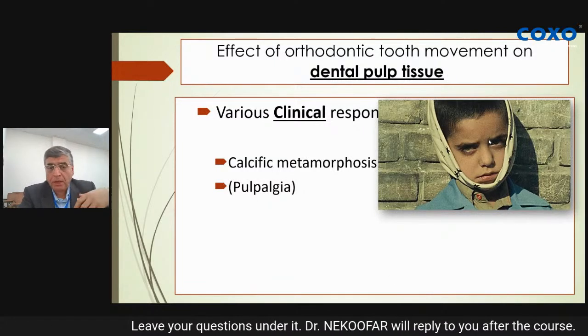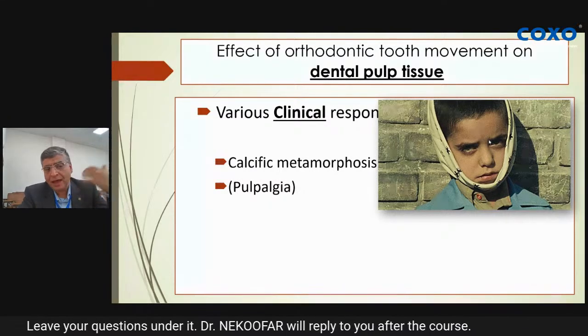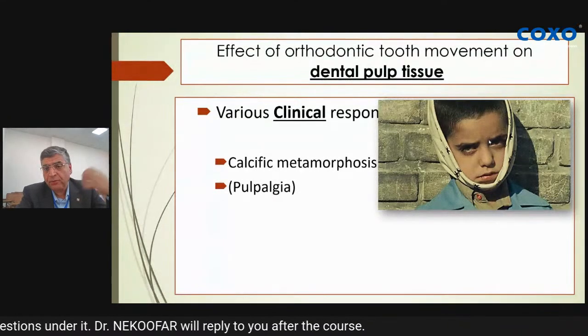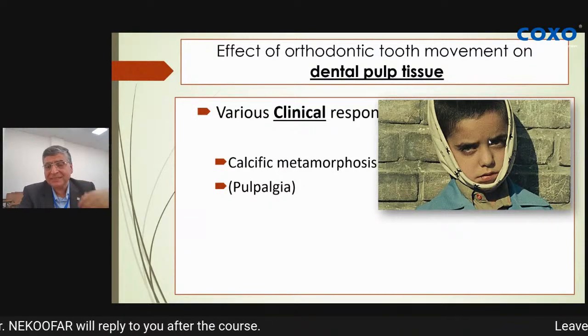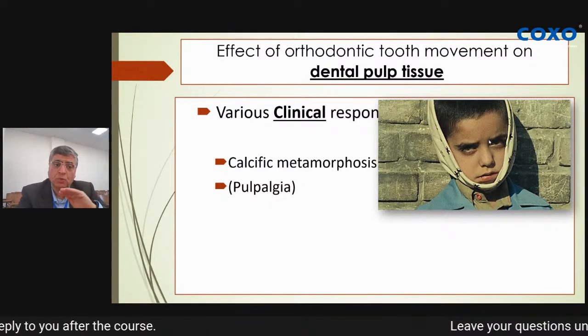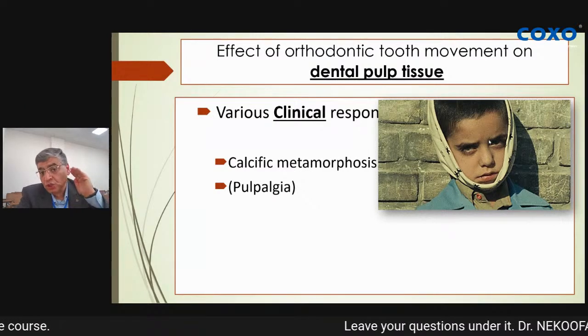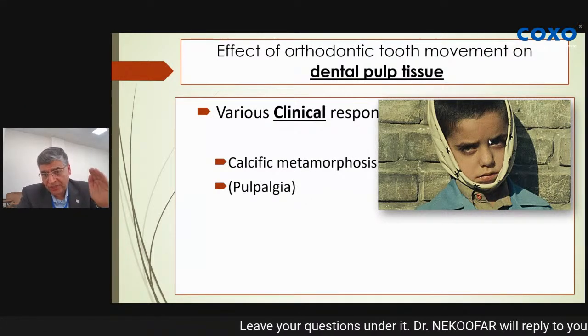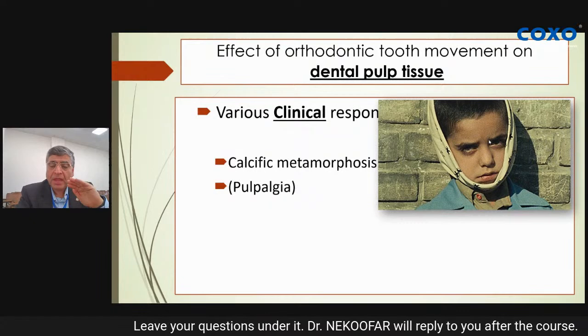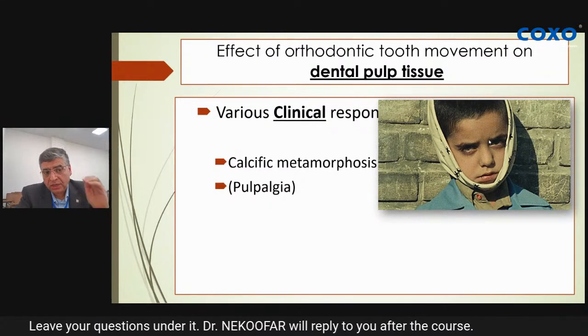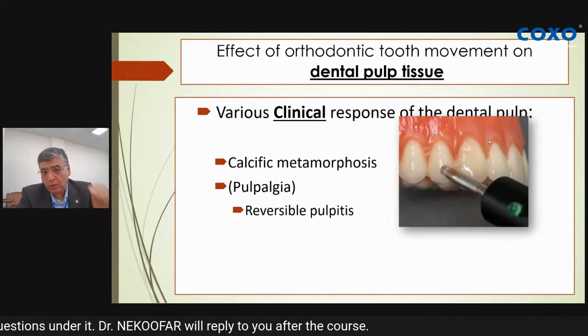Sometimes we may have pulpalgia. And if we have pulpalgia, we need to be very careful, because we may decide to do root canal treatment when that is not the case, and we shouldn't do such a thing. We need to have a very good diagnosis and treatment plan to decide what to do.